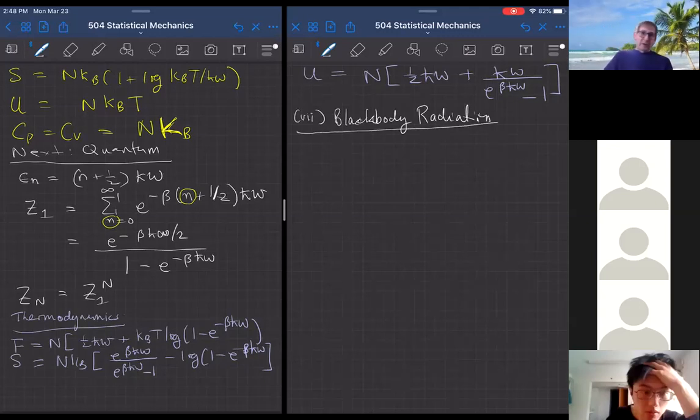Okay, so now what we're going to talk about is a very famous problem, and it was, of course, the foundational problem in quantum mechanics. In fact, trying to understand blackbody radiation was how quantum mechanics was discovered. And let me also put in a plug for applied physics here. You might think that we make progress in understanding the fundamental laws of physics by doing fundamental problems. But this isn't quite true.